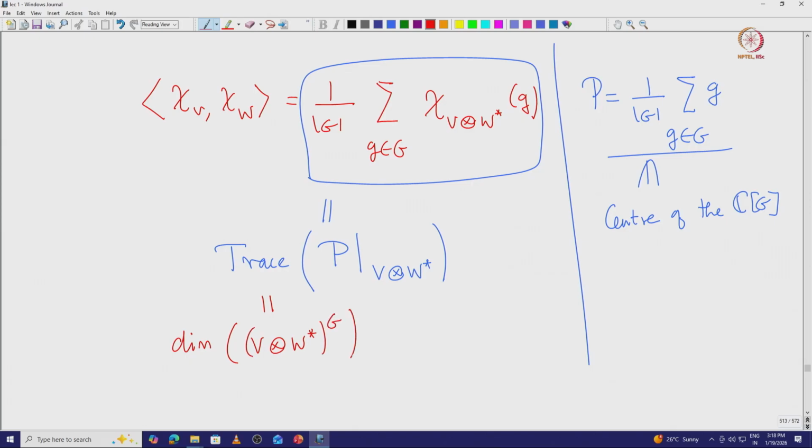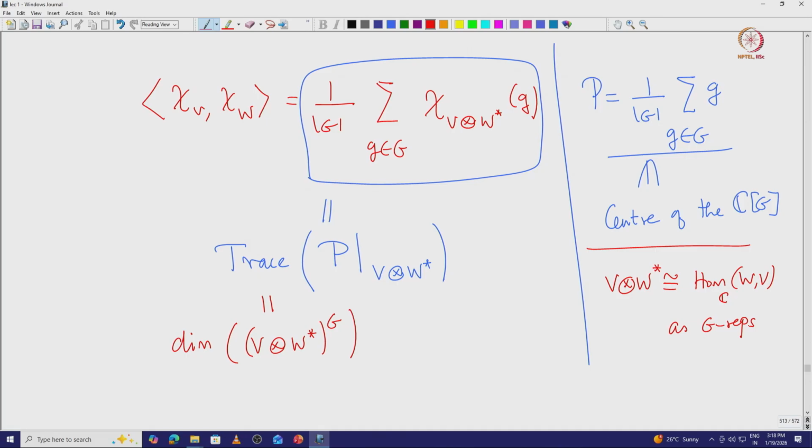This is something we have already proved. Now what happens to V tensor W star on the Hom space? We already know that they are isomorphic. Recall that V tensor W star is isomorphic to Hom(W, V) over C, as G representations.